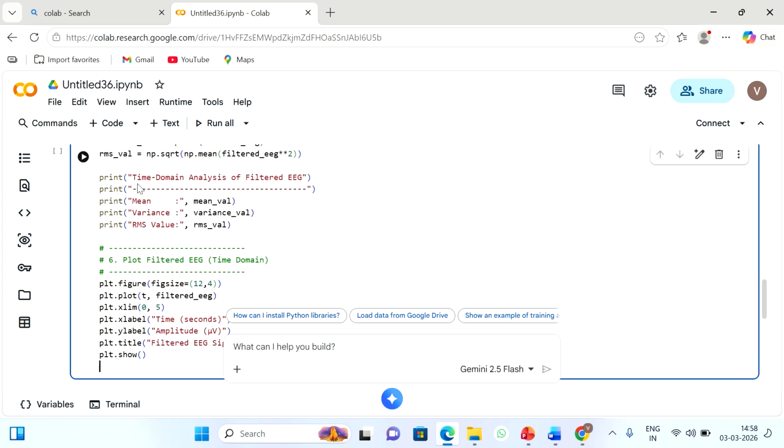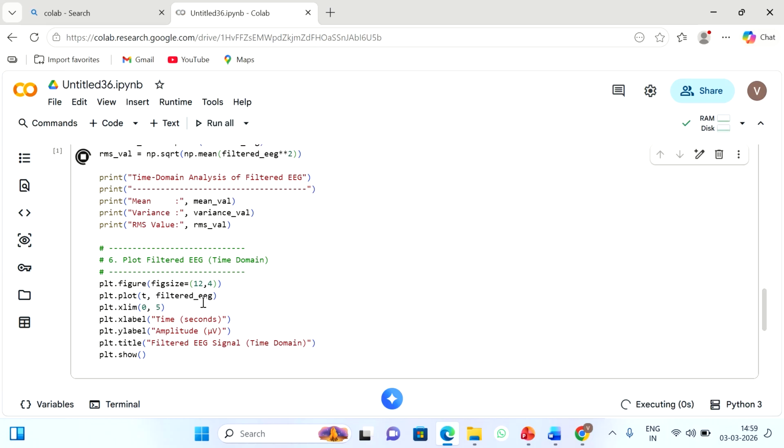Today I am going to present the EEG signal acquisition and processing. We are going to simulate a Python program using the Google Colab platform.